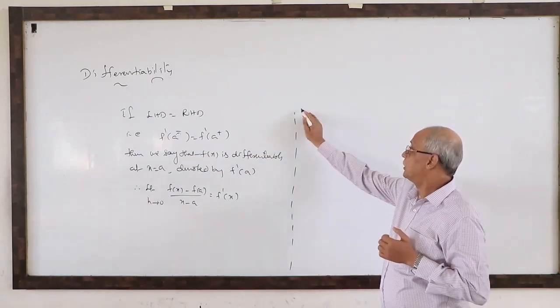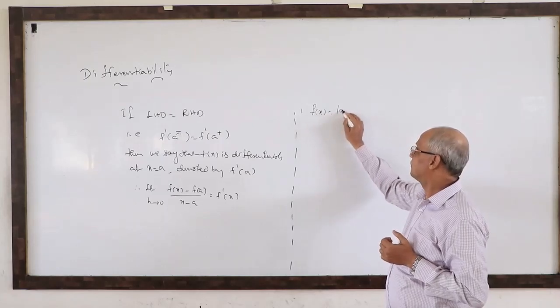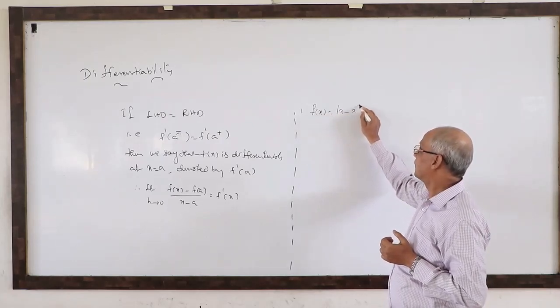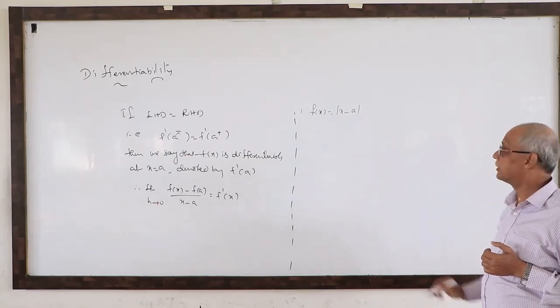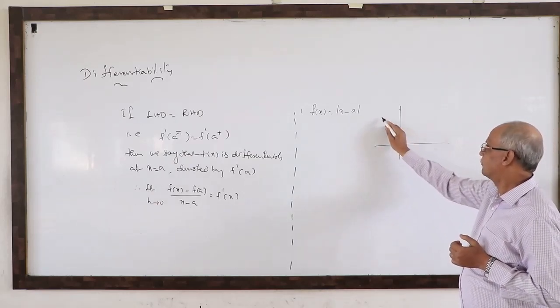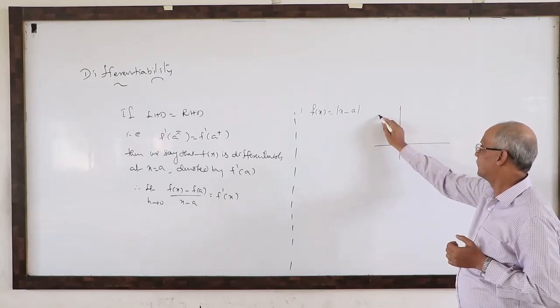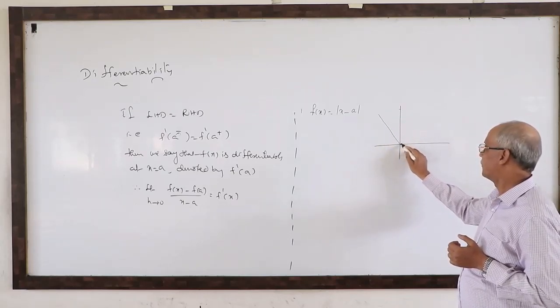f(x) is modulus of x minus a. What is the graph of this? The actual original graph is mod x. This is the original graph.